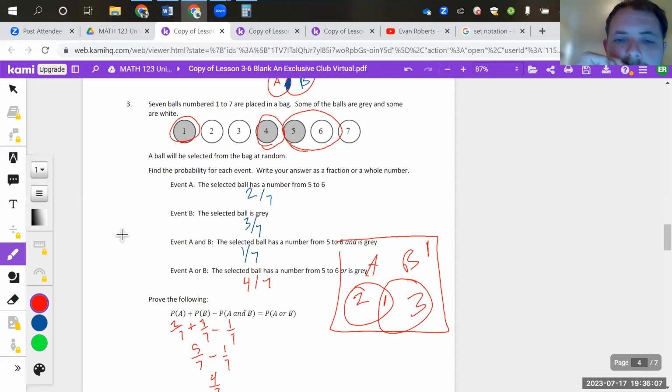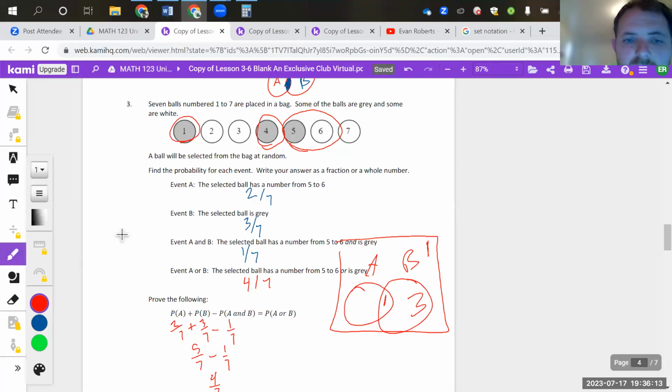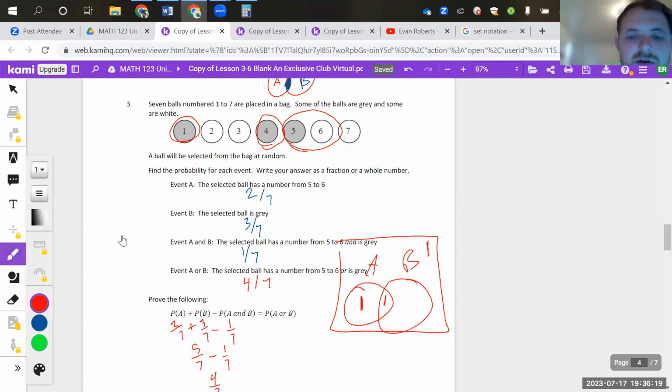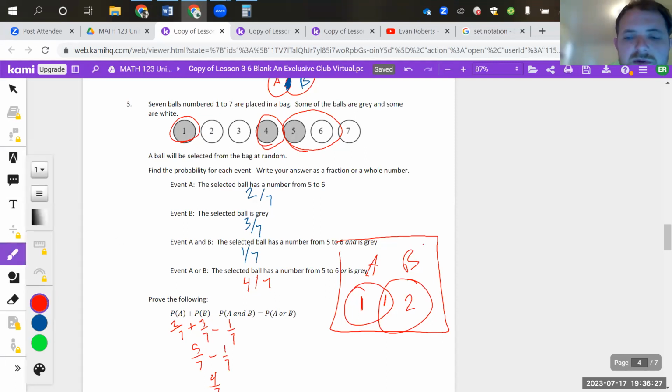Huh. Oh, it's because this A would have to only have 1 in it. Yeah. And then this B would have to have 2 in it. Okay, that's why I jacked it up. That's my bad. This would be a 3.